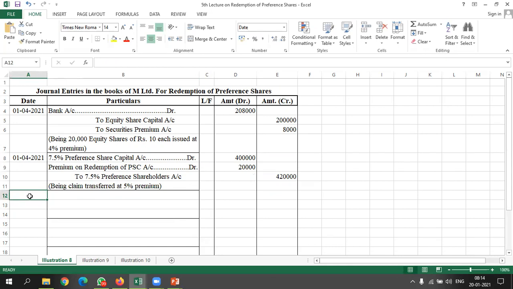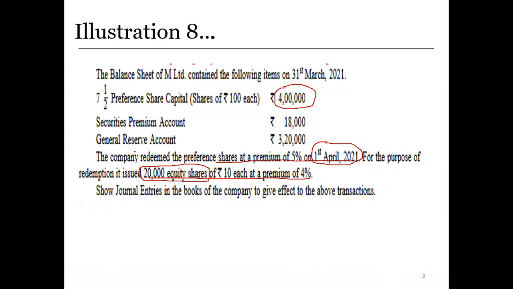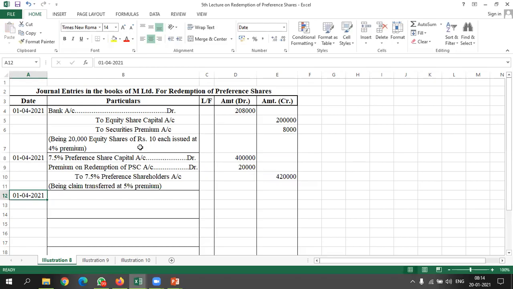Okay. The date will be the same, and this premium amount we will get from general reserve account, because we have a general reserve account with us. How much did you get? 20,000.